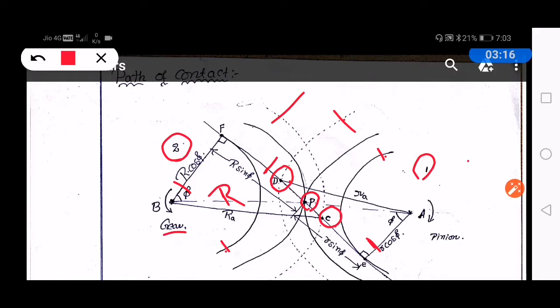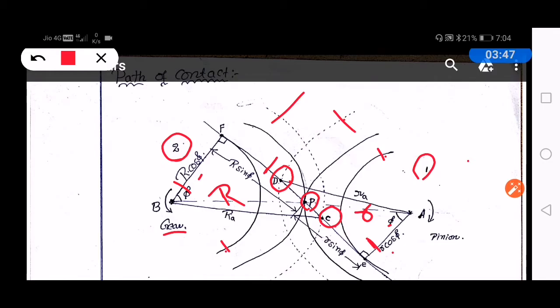Similarly, from point A to P, small r is the pitch circle radius of the pinion. Here the angle phi is the pressure angle. By using the triangle BPF, we can indicate that this is capital R cos phi and this one is small r cos phi.